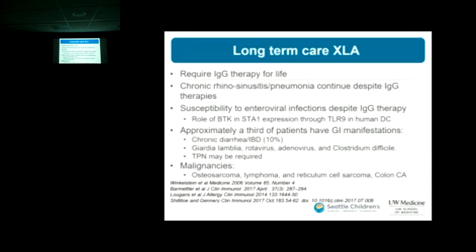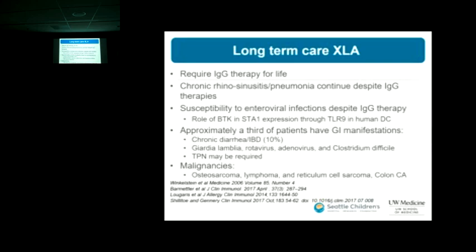So there is a thought that that may be the contributor in why these patients with X-linked agammaglobulinemia develop these enteroviral infections. It is very difficult to treat. There's no standard approach, and there are no good therapies. And this can result in a progressive neurodegenerative disease that is eventually fatal.